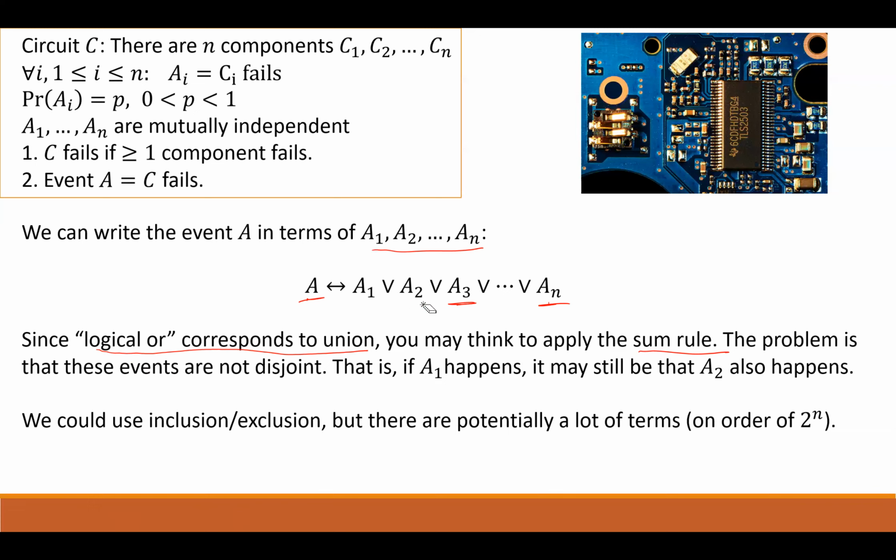I could have outcomes where both of these circuits fail, and then some other circuits might fail or might not. So these are not disjoint; they're all overlapping in some sense. So we can't use the sum rule. We could start using inclusion-exclusion and counting them, but there are potentially a lot of terms to that equation.